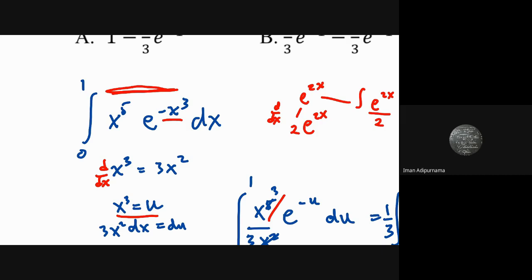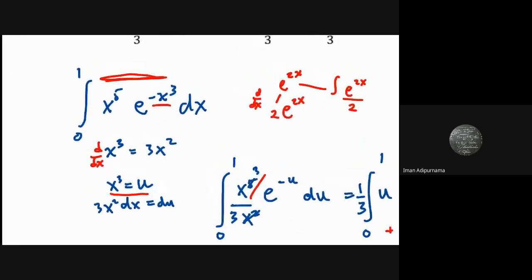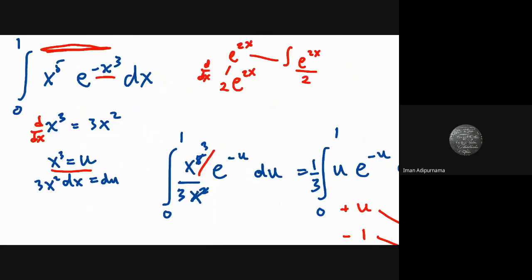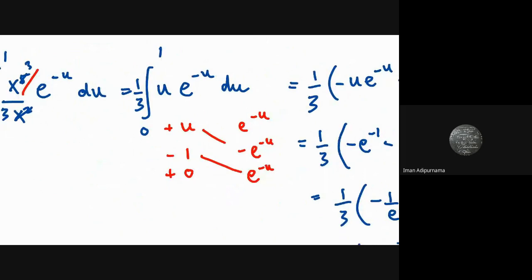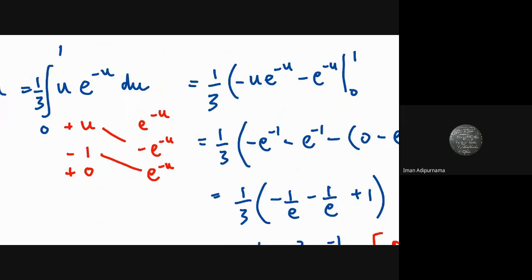It would be a very long integration by parts, and I don't think the time will be enough if you try that. Instead, you can use substitution, and then the second part will be using integration by parts. I think that will be easier in this case.